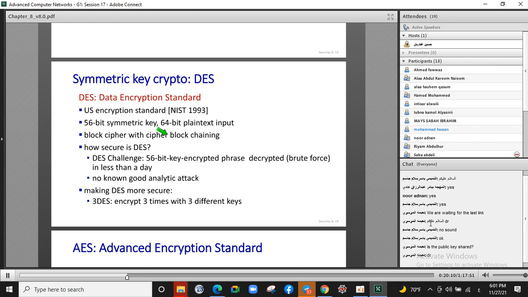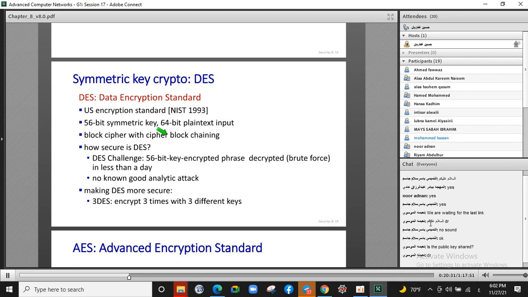We have some XOR operation and several other operations during each of those steps. But today we know that this code can be decrypted very easily in a few minutes.